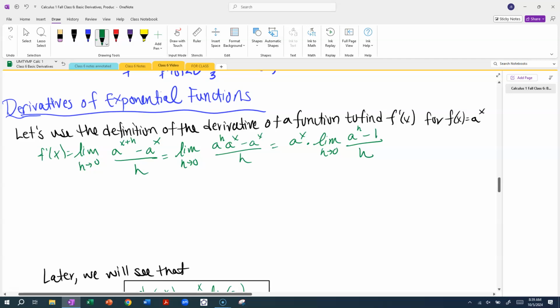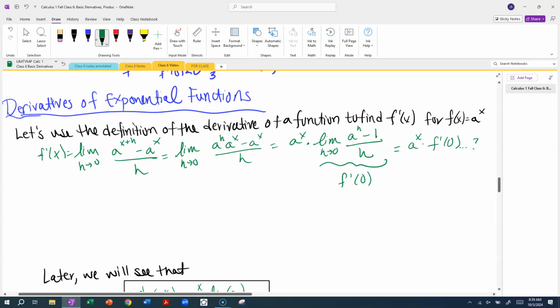If I think about this carefully, this is f prime evaluated at 0, since putting 0 into the exponential function just gives 1. So the derivative of a to the x would be a to the x times f prime of 0.